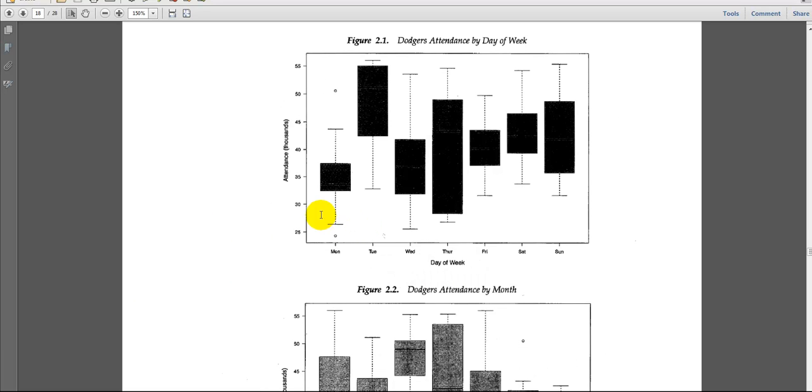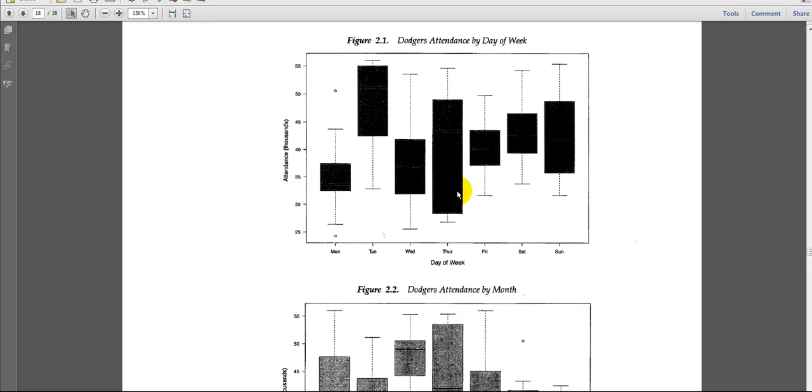So what he's saying is that we might look at this kind of box plot and maybe it will give us some information. And of course this does give us some information. For example, one thing we can see is that on Tuesdays, generally the attendance is much higher than, say, on Monday. We can see that on Thursdays the attendance is very variable.